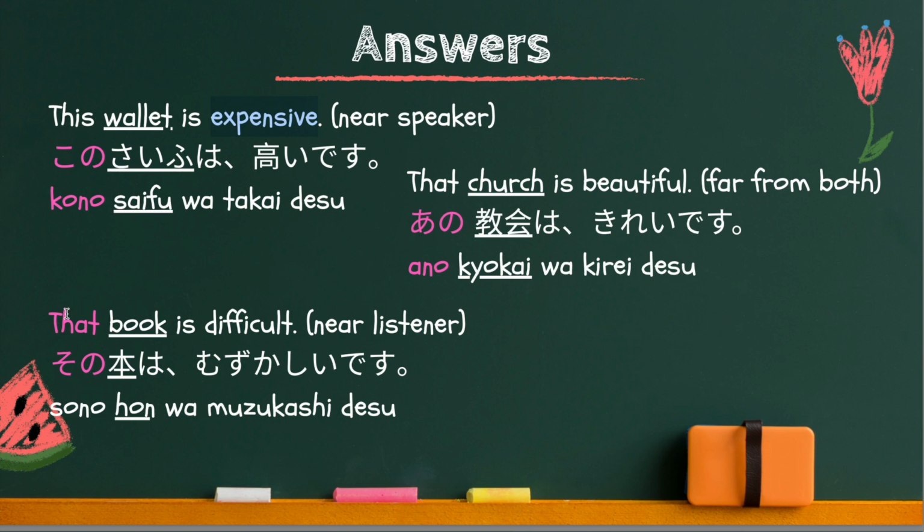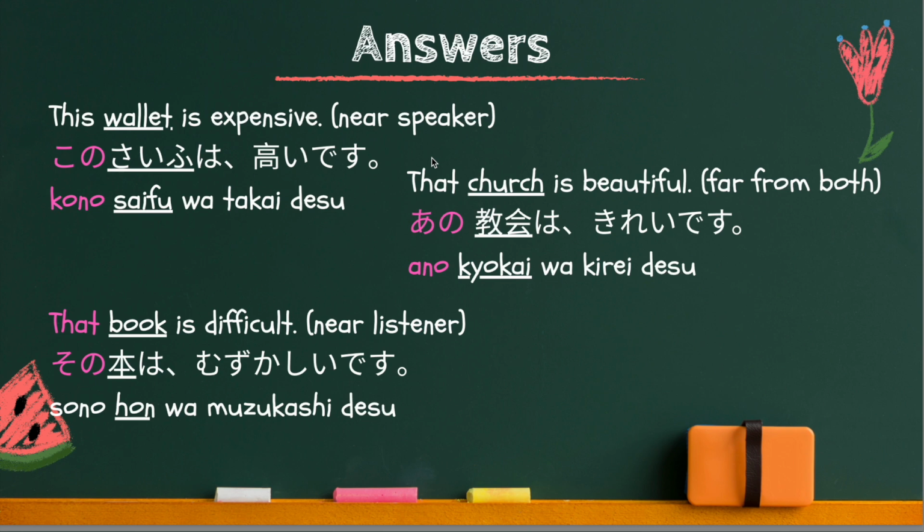Next one. That book is difficult. その本は難しいです。その has to be followed by a noun, this time book. And because the book is near the listener, you need to use その. Last one.